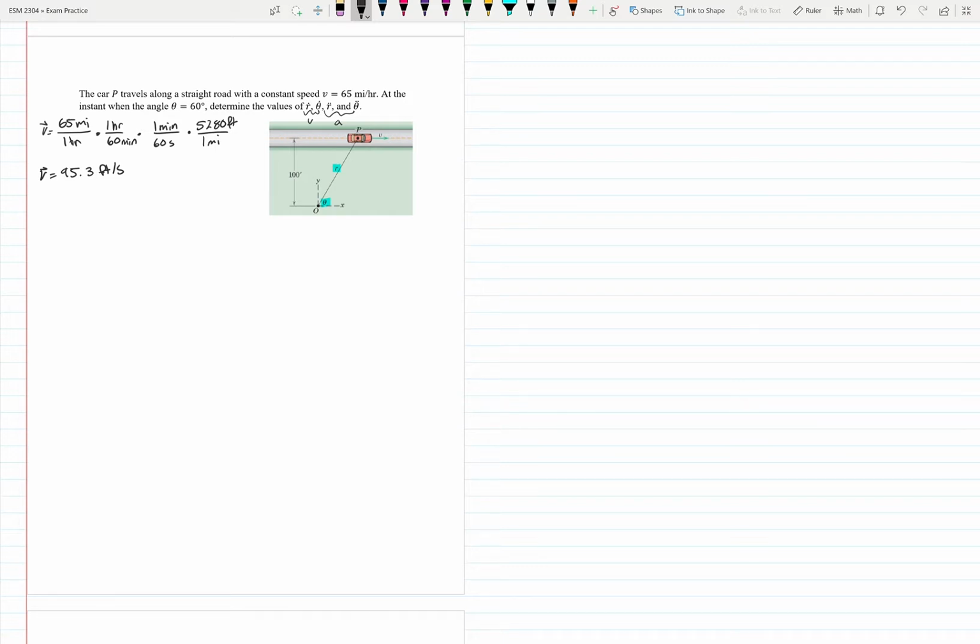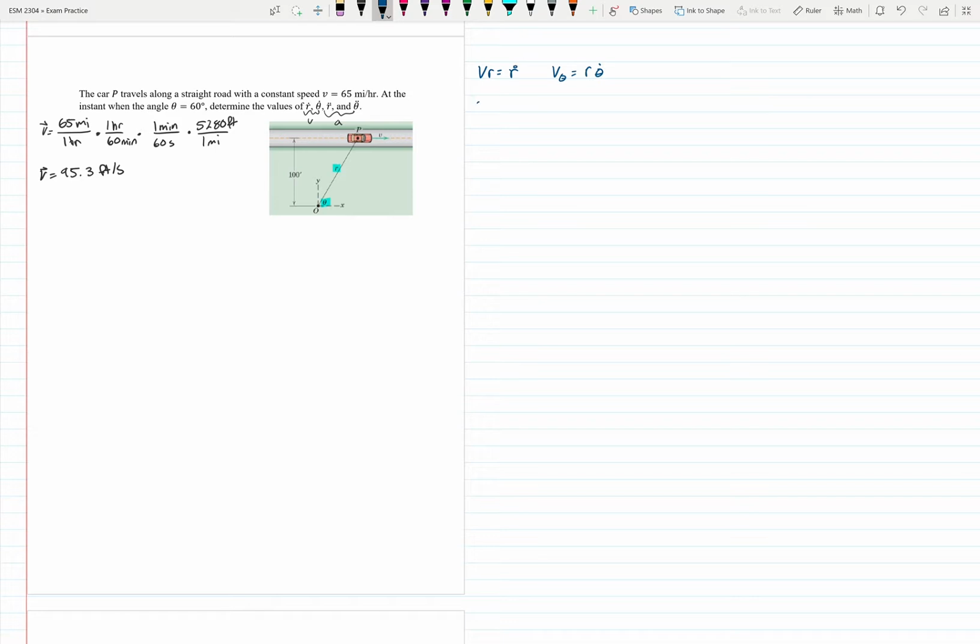And the next thing to note is to write down our relationship equations that we know. The derivations of these are pretty long, but we know that velocity in the r direction is equal to r dot, the rate at which this radius changes. We know that velocity in the theta direction is equal to r theta dot.